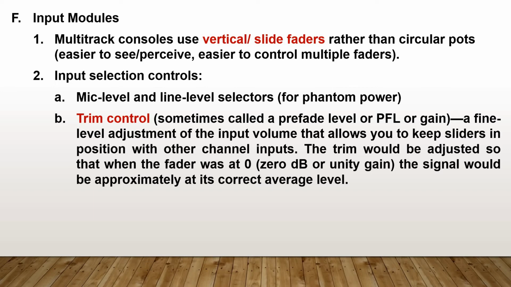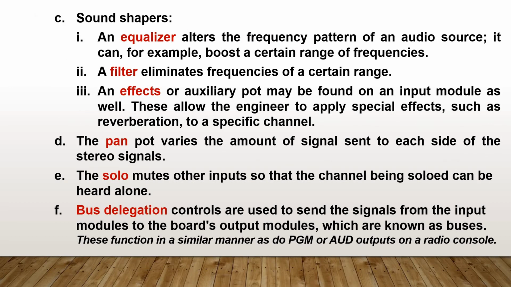So if you do that tweaking on the front end with the trim or the gain, that makes it really nice for controlling that particular element so that you don't have to remember where optimum volume is for each particular fader. You can start at 0 and then make minor adjustments as you need to.